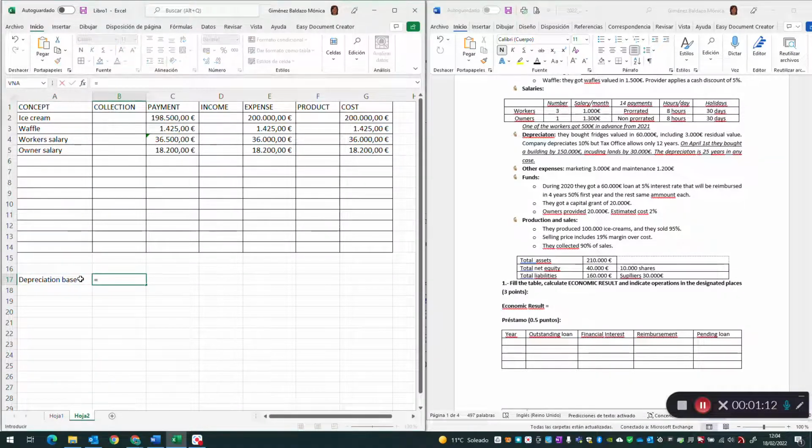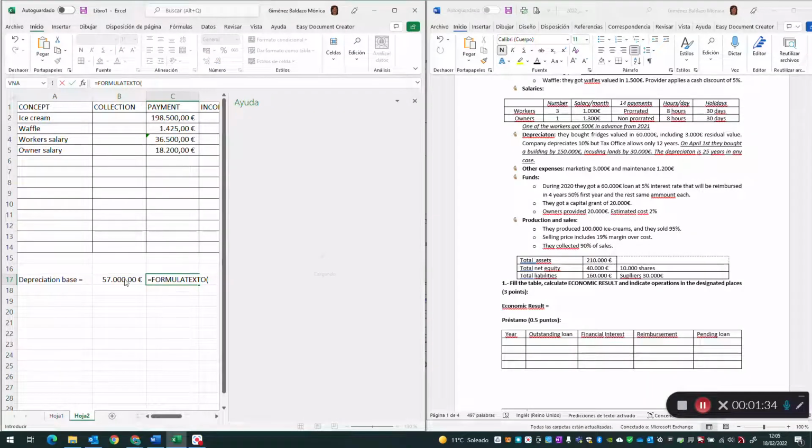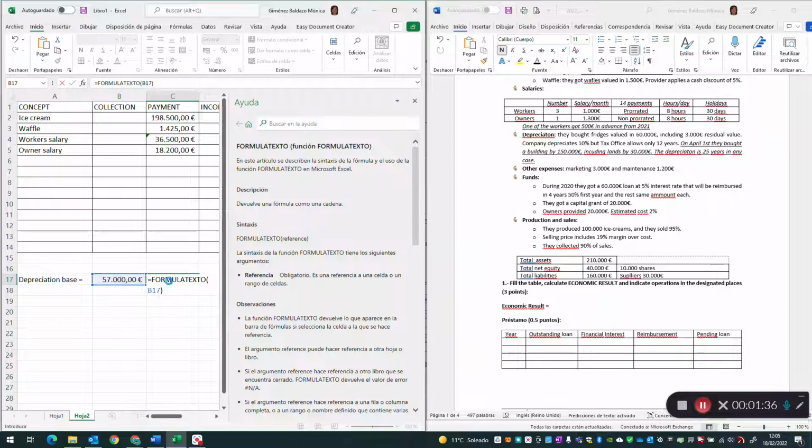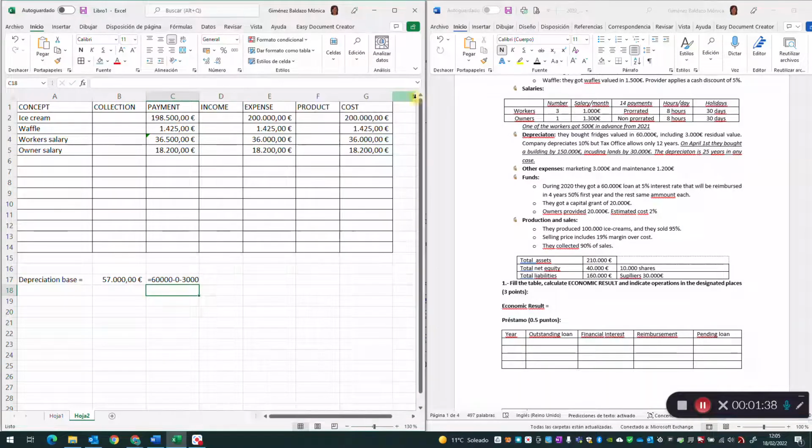It says their value is 60,000 minus land, which is 0 because it's a fridge, okay, there's no land attached, and there's a residual value of 3,000. So this would be the total depreciation base. And here I'm going to add this so you can see the calculation.